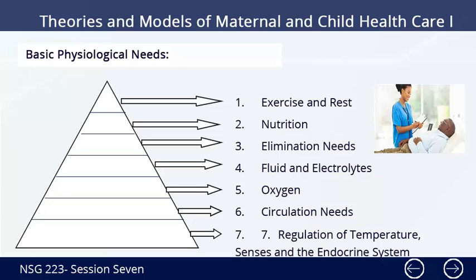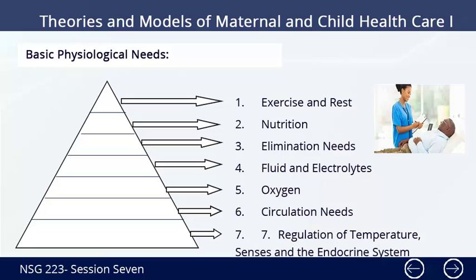Nutrition. Problems in this area include malnutrition, nausea, vomiting. 3. Elimination needs. Any problem in this area may cause retention, hyperexcretion, constipation, diarrhea, and incontinence.